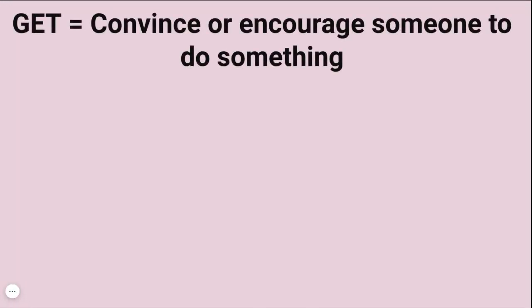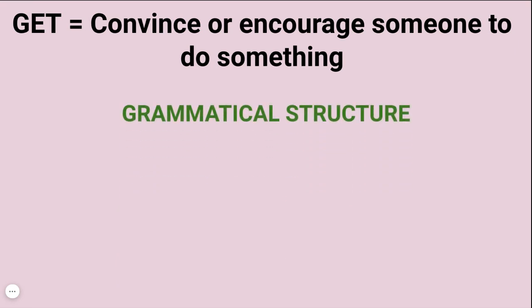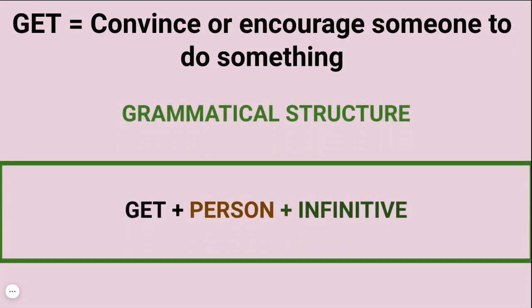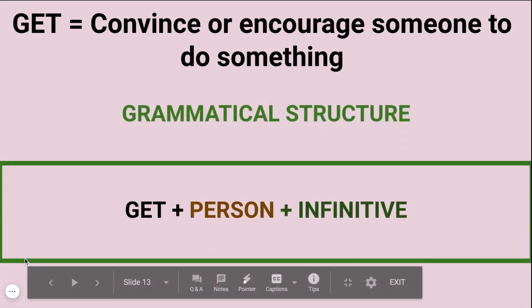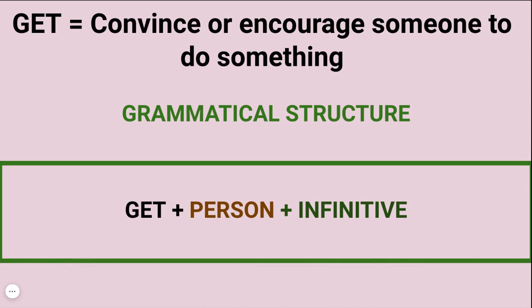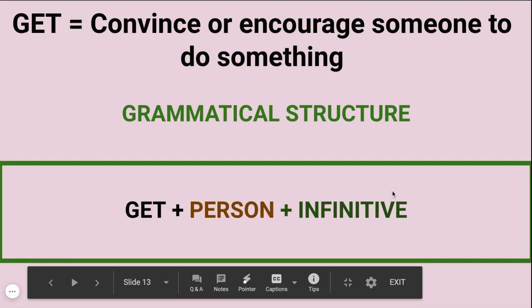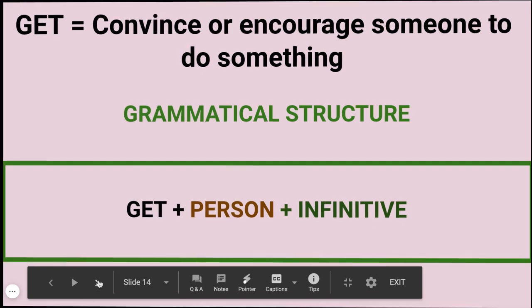And the next verb is get, to convince or encourage someone to do something. So now this one is different than the other ones. The other verbs mainly use the verb plus the causative verb plus a person or a thing plus the base form of the verb, but with get, you have to use the infinitive form of the verb to plus the simple form of the verb.